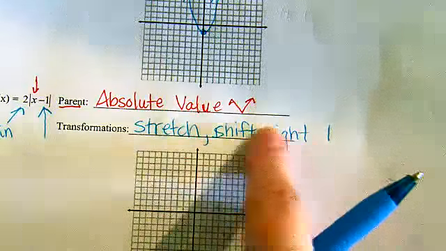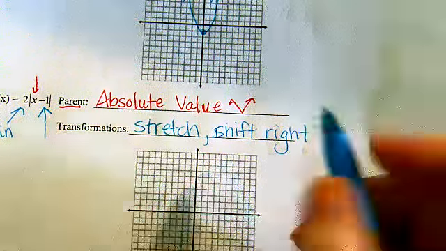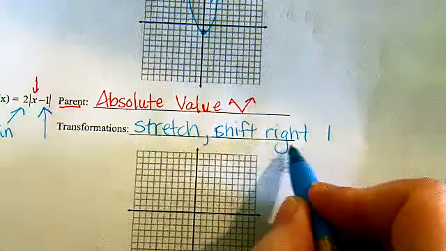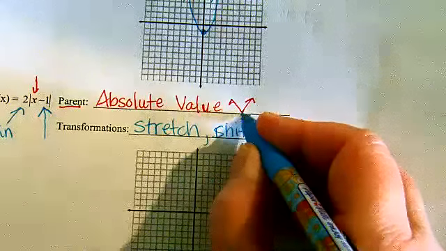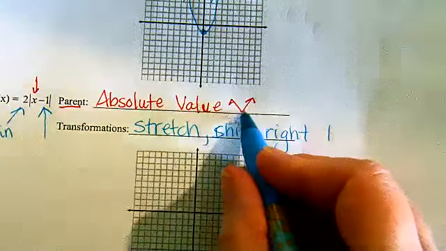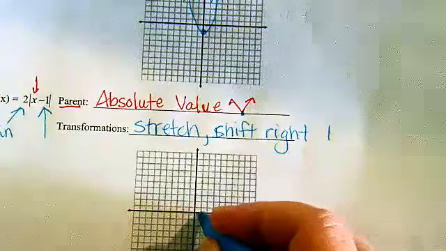Now to do the sketch of the graph, when I've got more than one thing, I want to pay attention to anything that says up, down, right, or left. If you see any of those 4 words, up, down, right, left, you can do that first. And on this one, it's still the vertex. It's that point right here. I'm going to take that point and shift it to the right 1 space.